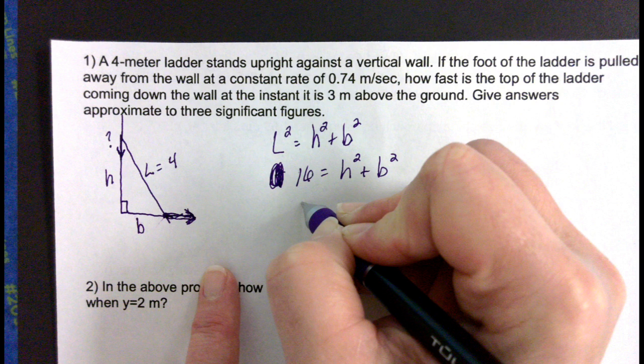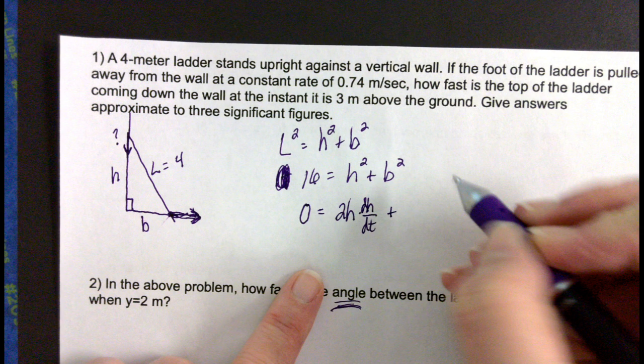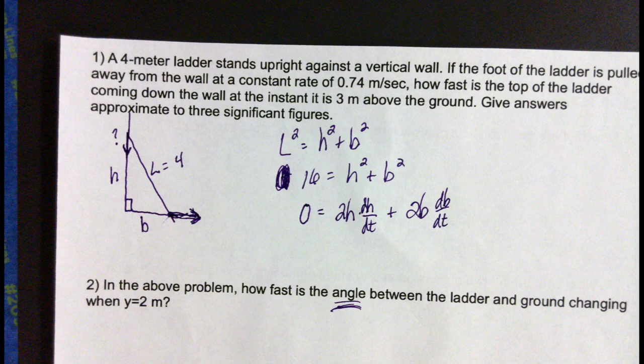L squared is 16, the ladder is 4 meters, and the derivative of 16 is 0. dB/dt is 0.74 meters per second.